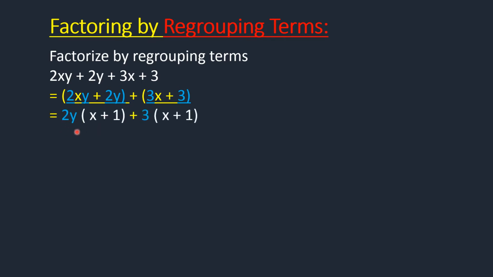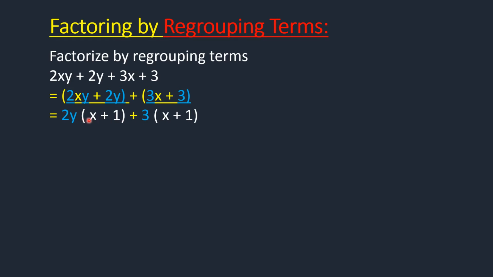In the first group, 2y is the common factor, and the second factor can be obtained as 2xy divided by 2y is x, 2y divided by 2y is 1. From the second group, 3 is the common factor. Second factor can be obtained as 3x divided by 3 is x, 3 divided by 3 is 1.